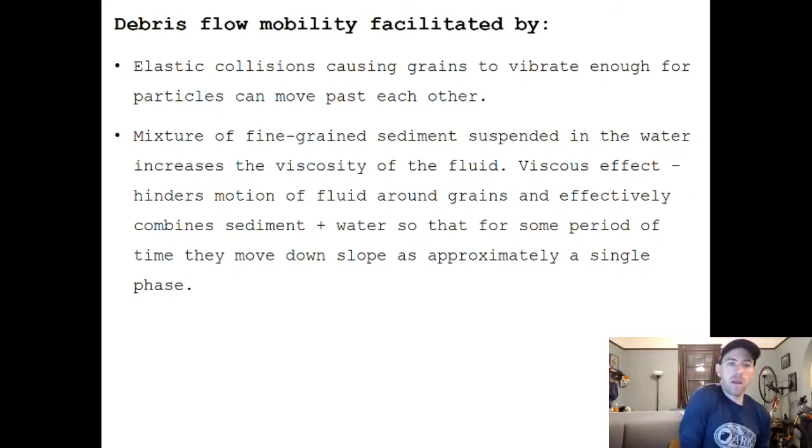There's a lot of details about these that can change their mobility, but the more fine-grained sediment that's suspended in the water can increase the viscosity of the fluid, which has the effect of hindering the movement of fluid around grains.